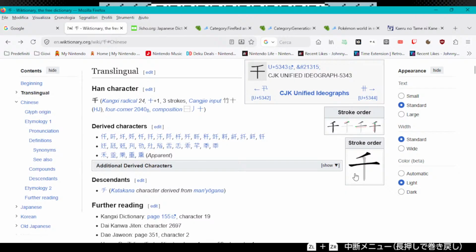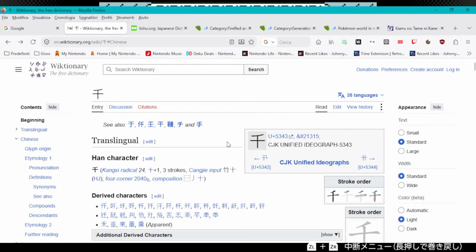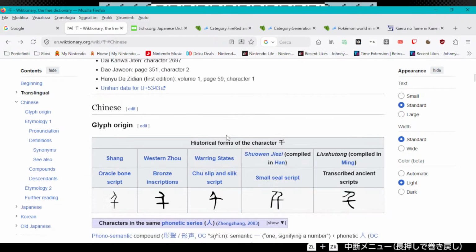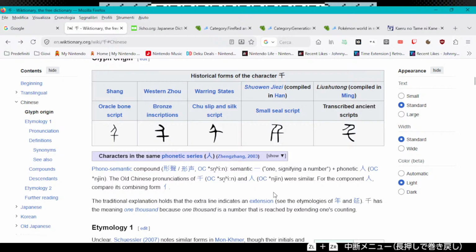But regardless, in its contemporary form, you can't tell exactly that there is the one you can technically see. It's weird because the one becomes the middle stroke, and the rest would be the person, as shown in the historical forms.